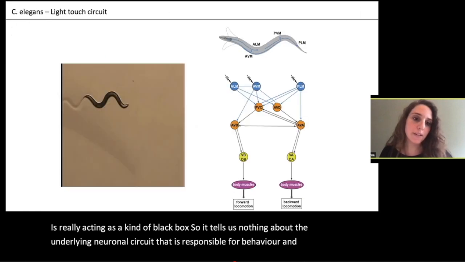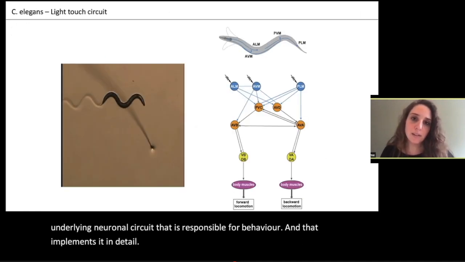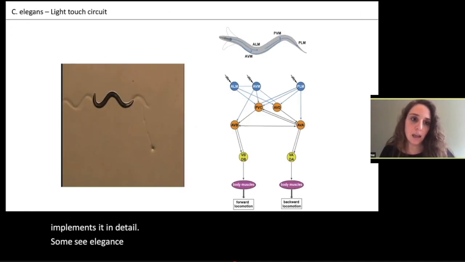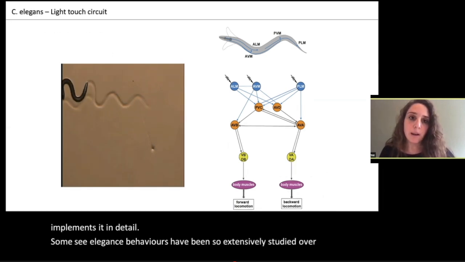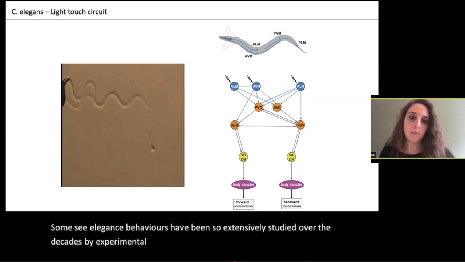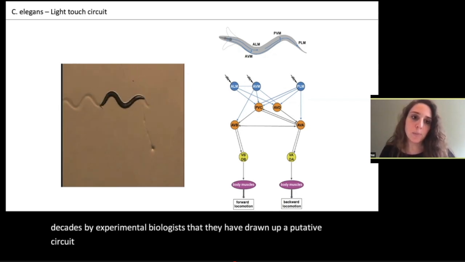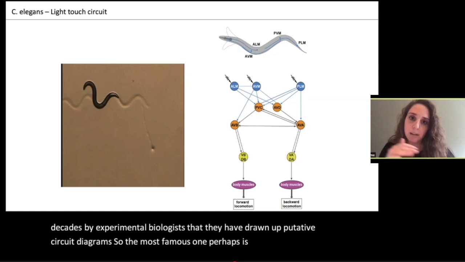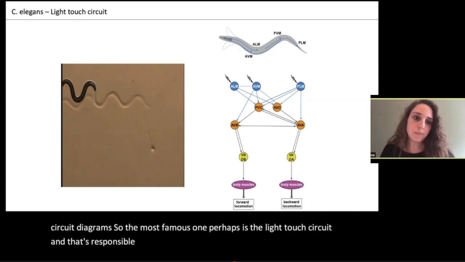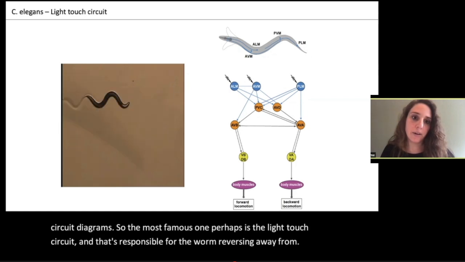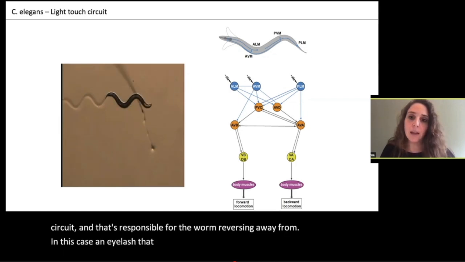Some C. elegans behaviors have been so extensively studied over the decades by experimental biologists that they have drawn up putative circuit diagrams. So the most famous one perhaps is the light touch circuit, and that's responsible for the worm reversing away from, in this case, an eyelash that gently touches an area near the worm's head.